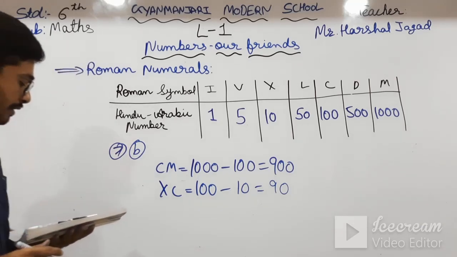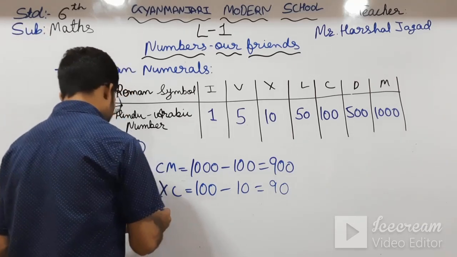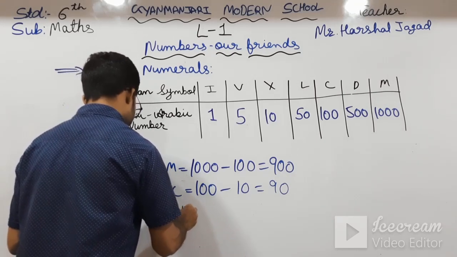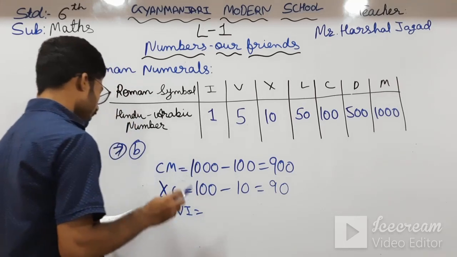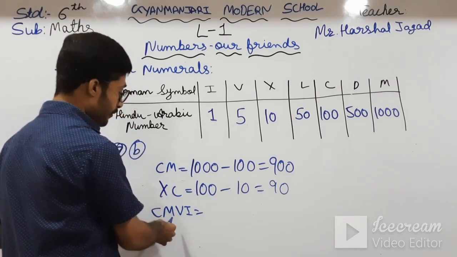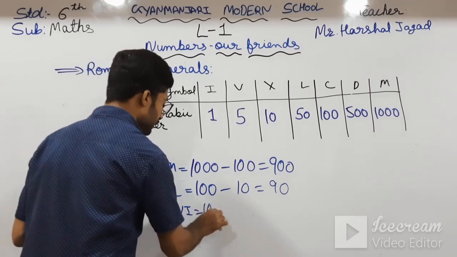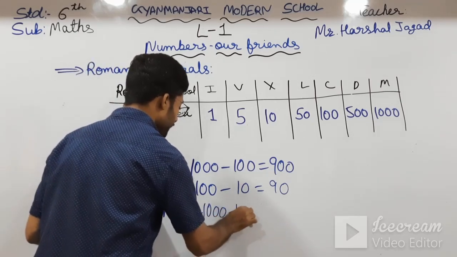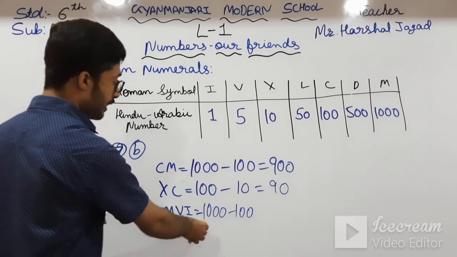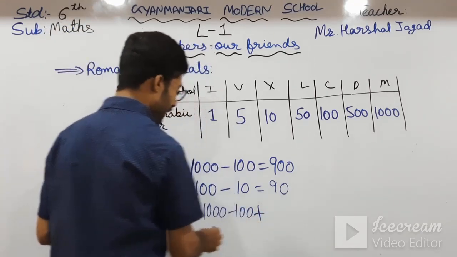Another example, CMVI. So in this what will happen? Here M comes after C, so 1000 minus 100, but here it is a smaller value after, so it will be plus.